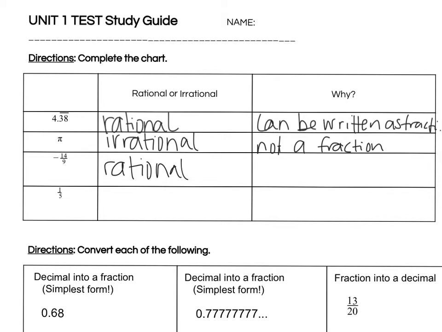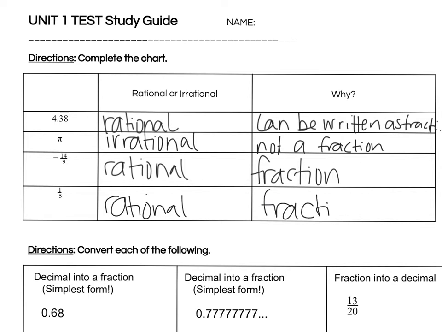So it can be written as a fraction. So therefore it is rational. And the same with the one right below. One right below, you have 1/5. 1/5 is also rational. It already is a fraction.